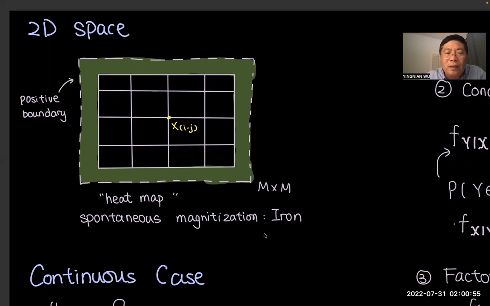The reason is that even if this system is very big, if you change the boundary condition from, say, all positive 1 to all negative 1, you are going to change the distribution dramatically. This is the idea of the so-called phase transition, and it can be used to explain why a piece of iron can acquire magnetism spontaneously, because the boundary condition does not wash away, does not vanish, even though the system becomes bigger and bigger.